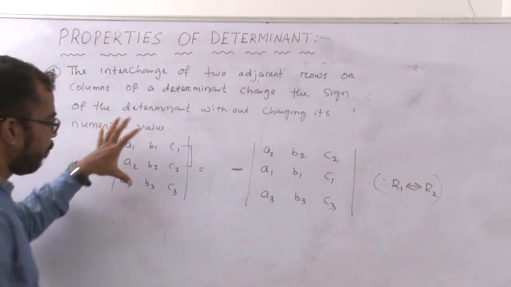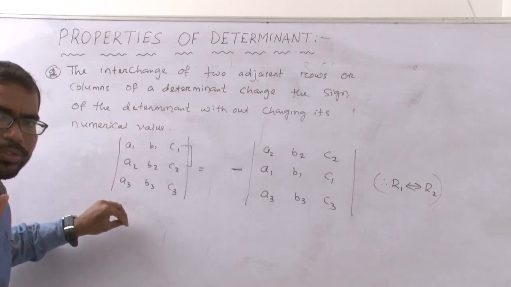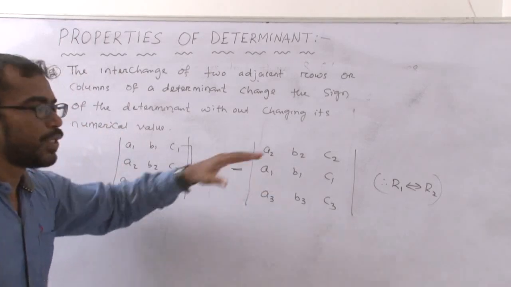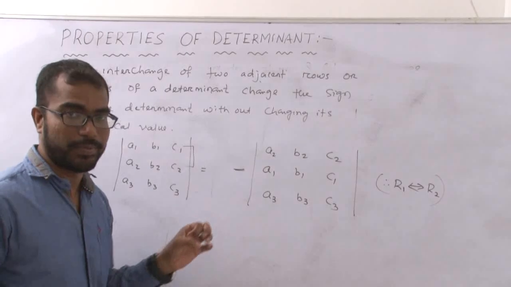The sign was plus, and after interchange we get negative. That means if the determinant has value 5, then after interchange the value is minus 5.